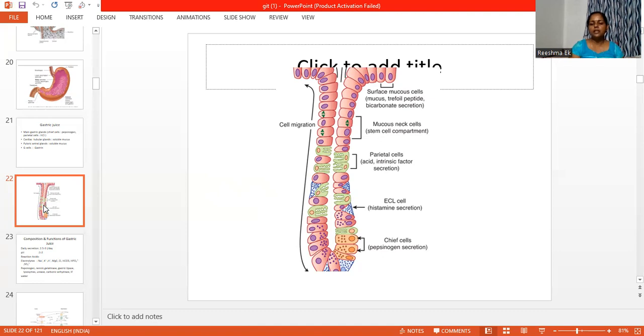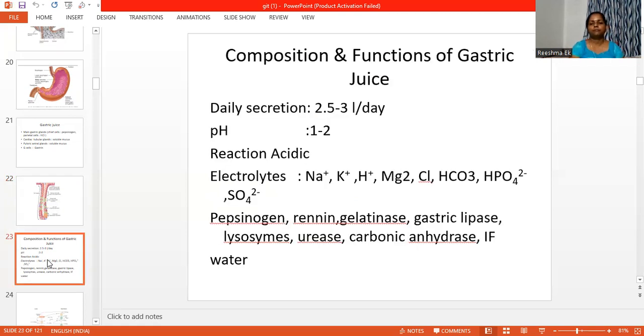The gastrointestinal tract is a tubular structure and it has a lumen. The different cells which line the gastrointestinal tract produce their secretion, and these components are secreted into the lumen first. From there, through a channel called the gastric pit, these secretions are poured into the lumen of the stomach.